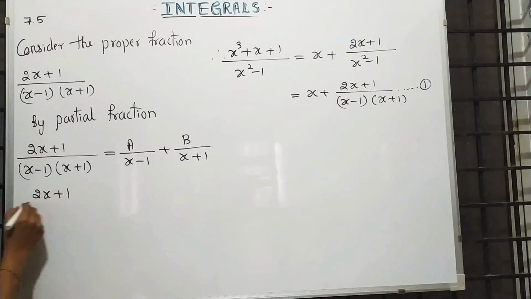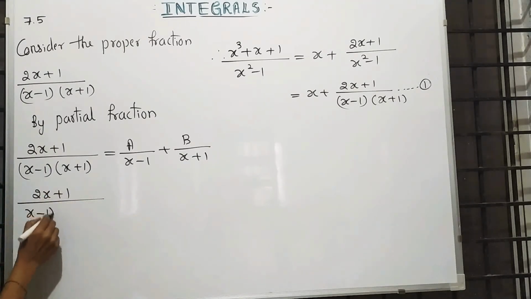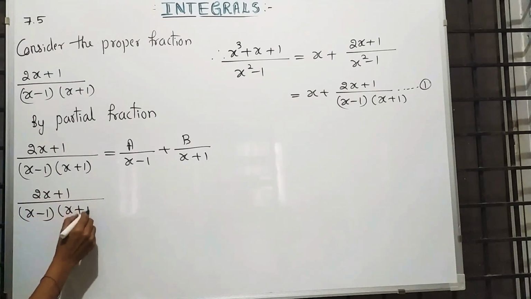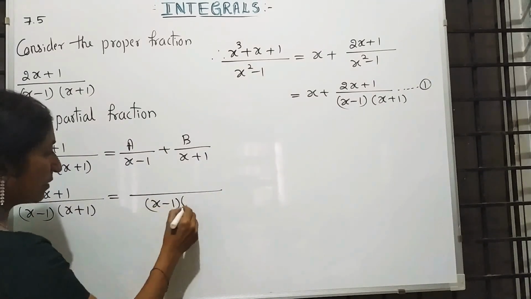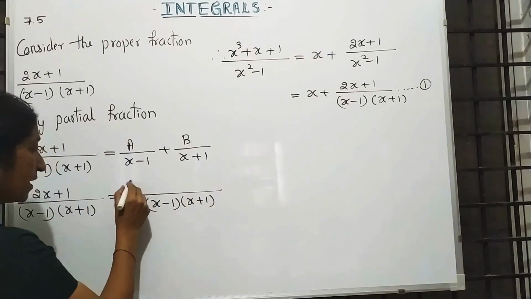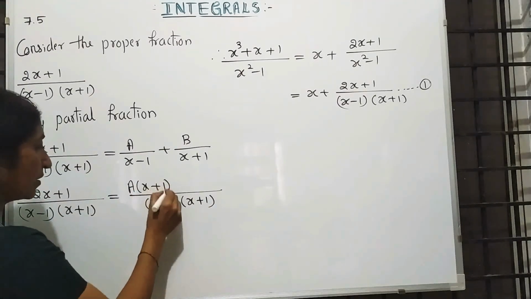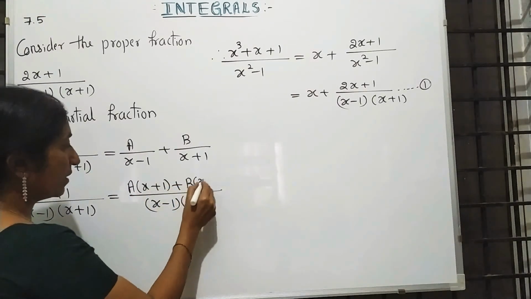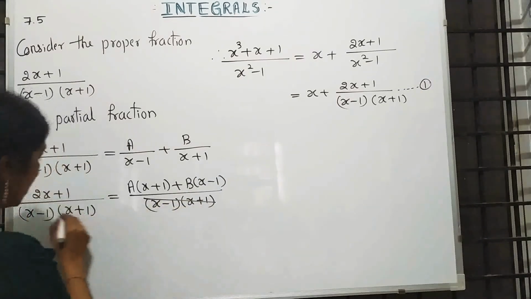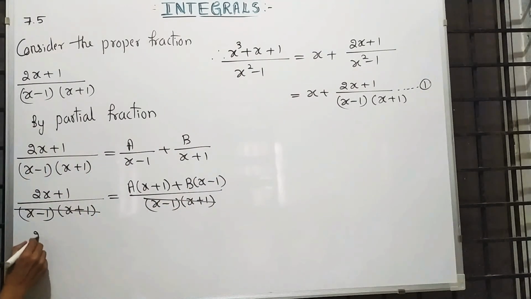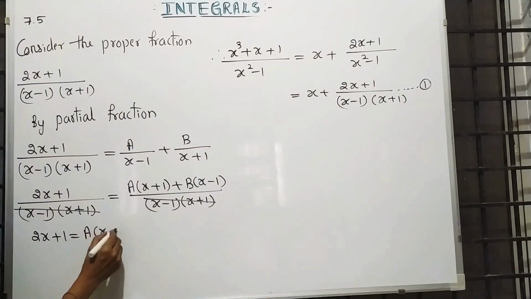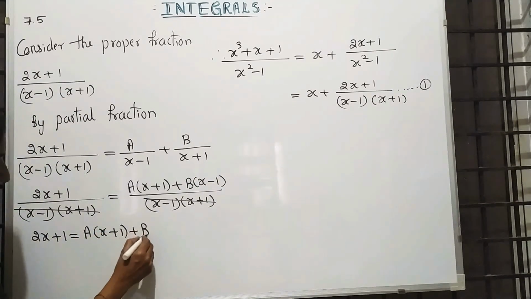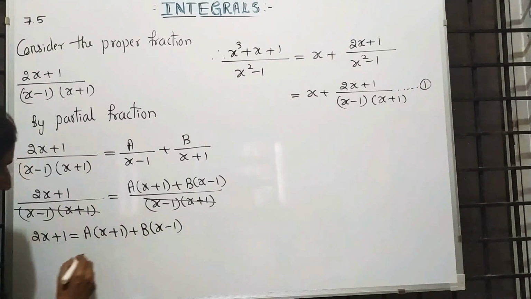Take the LCM on the right side. So A is multiplied with x plus 1, B is multiplied with x minus 1. 2x plus 1 is equal to A into x plus 1 plus B into x minus 1.